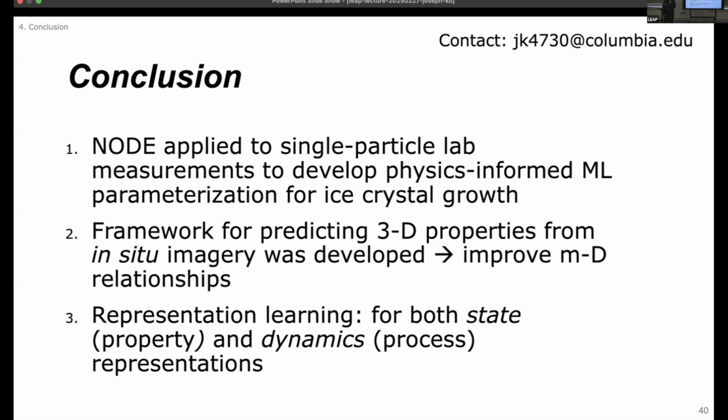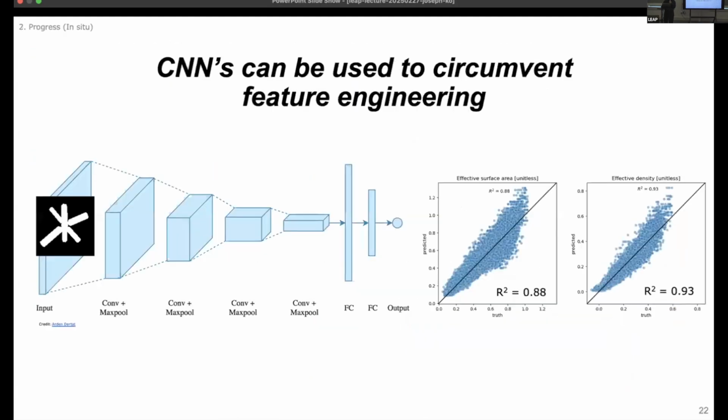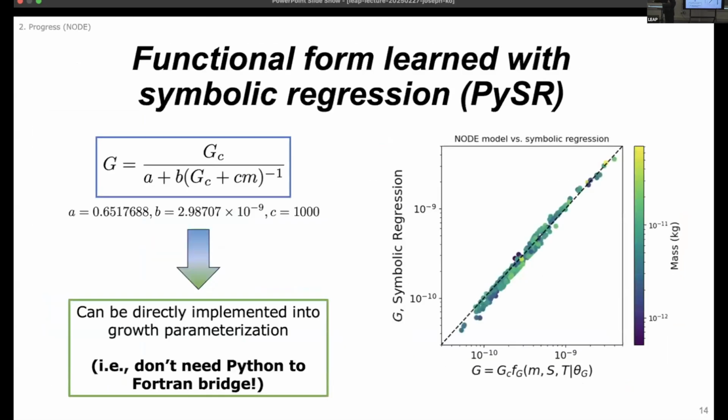Yeah, at least for Kara's node work, that was definitely part of the plan because that was always a hurdle for implementation. And just to show, sorry to do this, but basically this shows that the node or the symbolic regression functional form is pretty much equivalent to the neural network form.